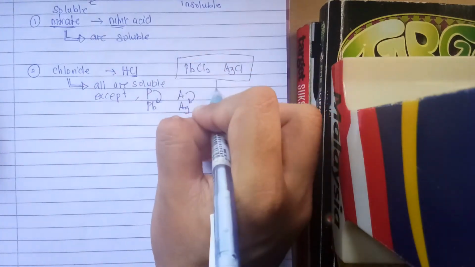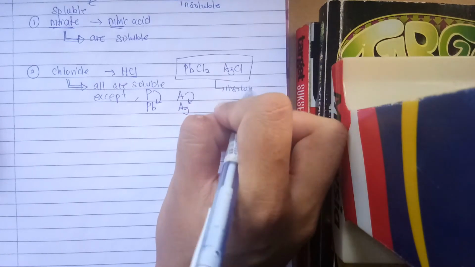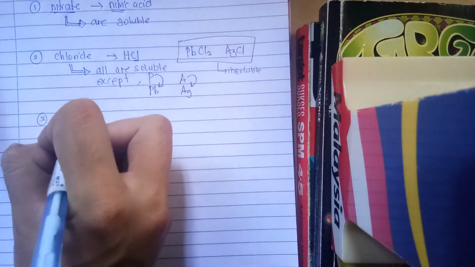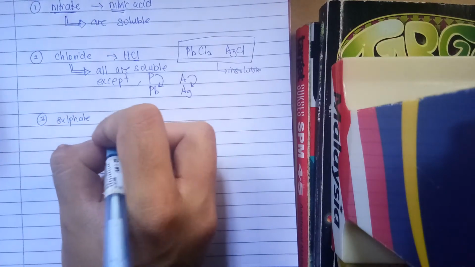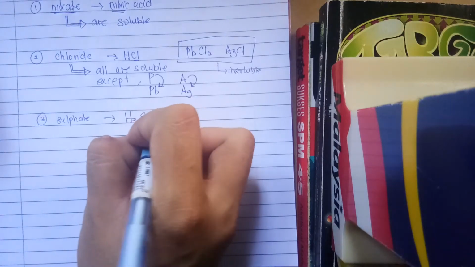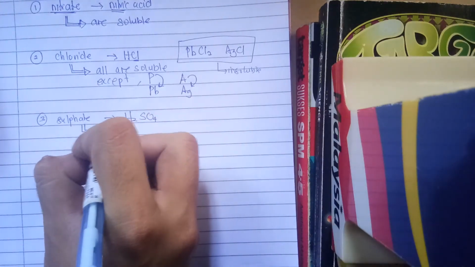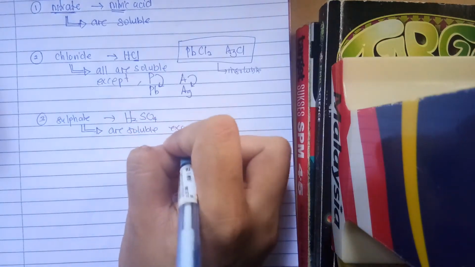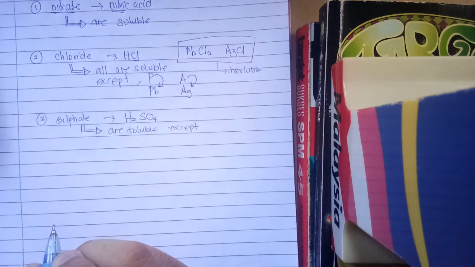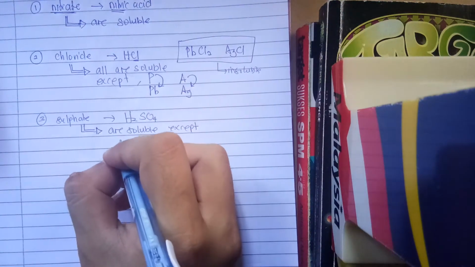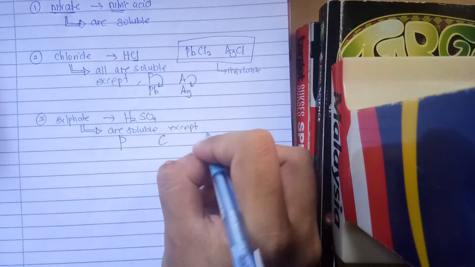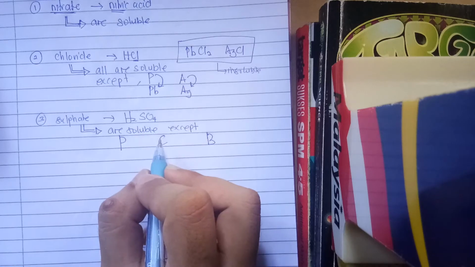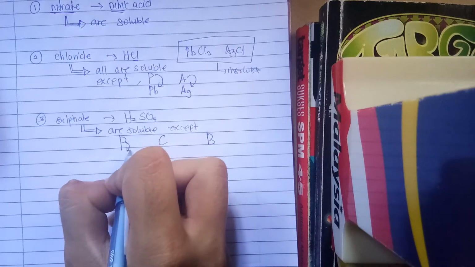They are insoluble. Okay, so for the third salt, you have sulfate salt. Sulfate salt you get from sulfuric acid. So all sulfate salts are soluble except for PCB, which Kelantanese especially should know as the place called Pantai Cahaya Bulan.